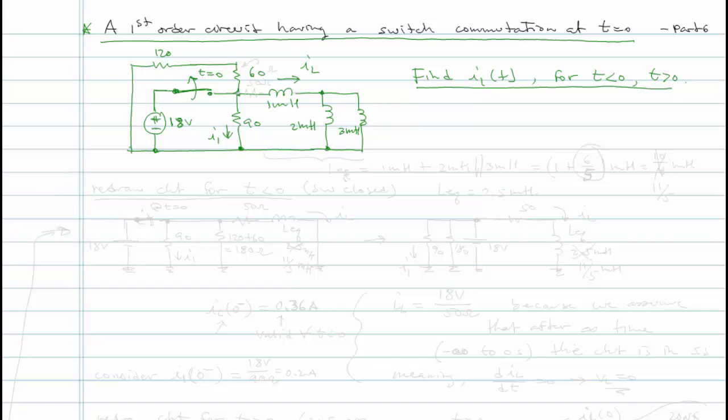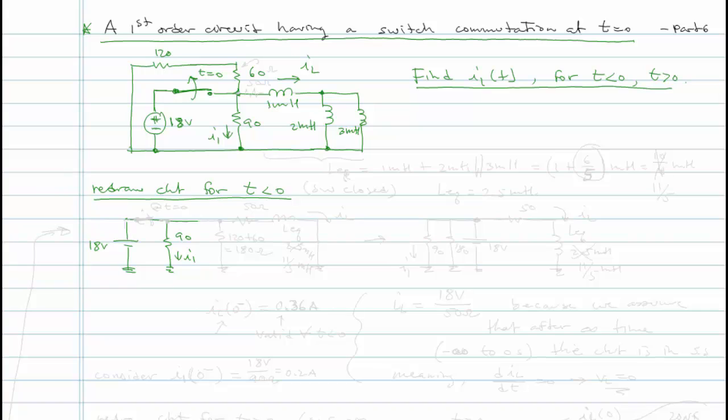So let's redraw the circuit for t less than 0. We have our 18 volt source connected to 90 ohms. I'll make sure we label our I1 here.